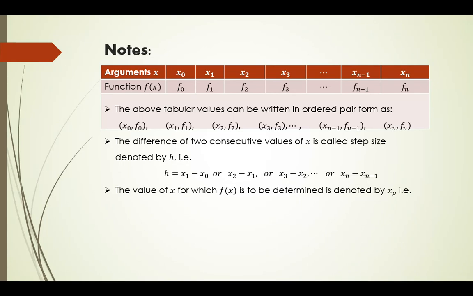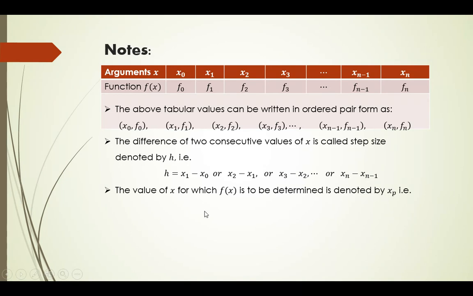Thirdly, the value of x for which f of x is to be determined. There will be a value of x, maybe between x2 and x3, maybe between x0 and x1, somewhere between two values of x, which is not given in the table.